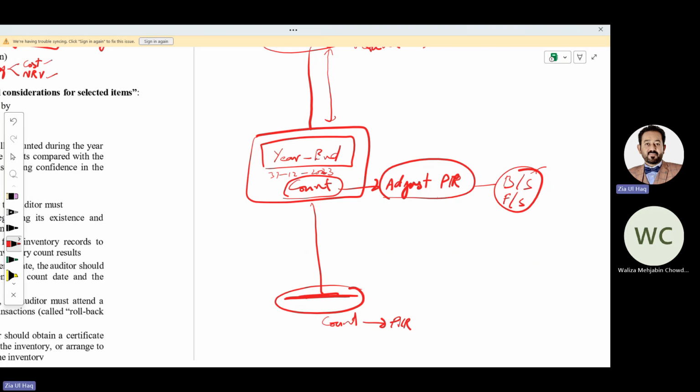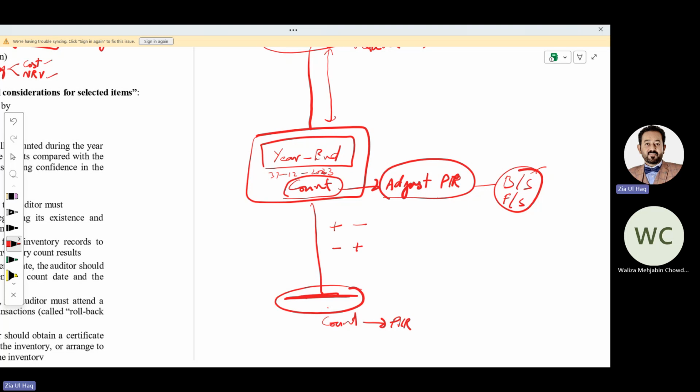And for the inventory movement from year end to this count date, what inventory has been added, we need to subtract, and what inventory has been subtracted, we need to add. And then we can verify the year-end inventory. If count is performed after year end, what do we need to do?